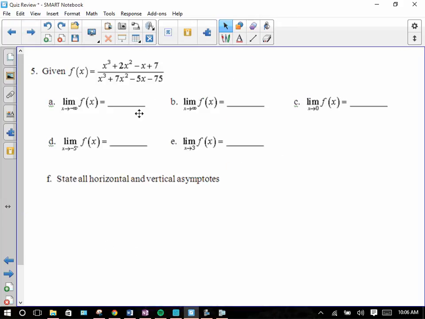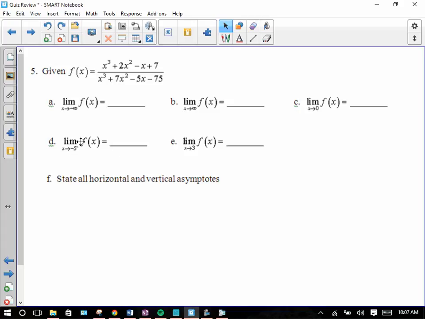This one right here, I'm not going to go over it, but it's pretty self-explanatory. You graph it. When you're looking at as x approaches negative infinity or infinity, you're looking at end behavior and horizontal asymptotes. These are just horizontal asymptotes. This should be easy enough to look at on your graphing calculator and figure out. In fact, the first thing I would do here is just plug 0 in.